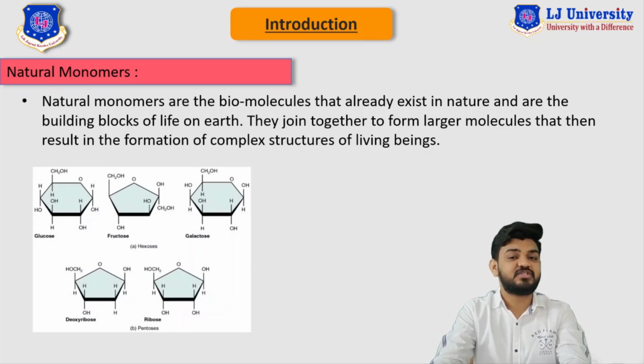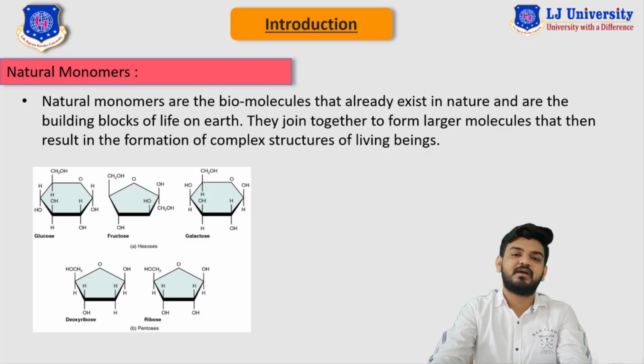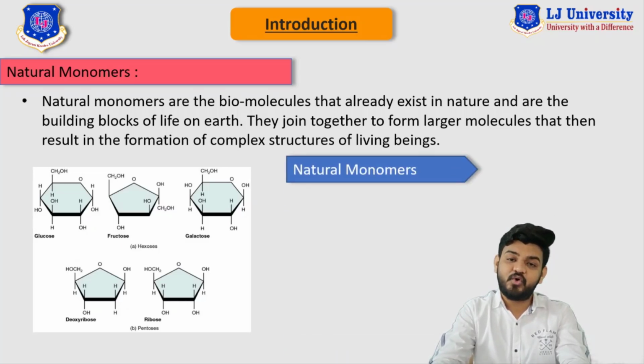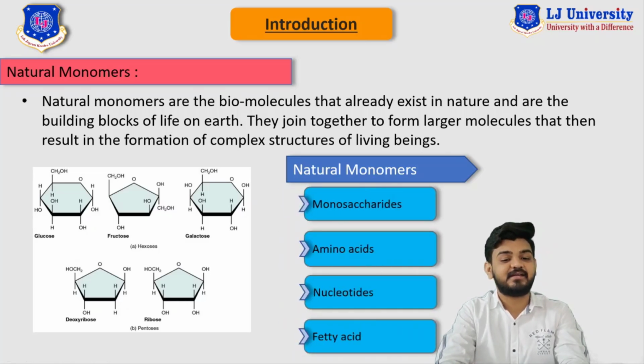Here in this image you can see natural monomers such as glucose, cellulose, protein and glycols. These natural monomers can be classified further into four categories: monosaccharides, amino acids, nucleotides, and lastly fatty acids.